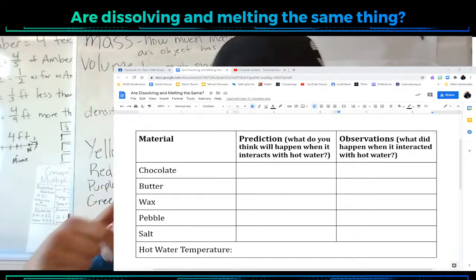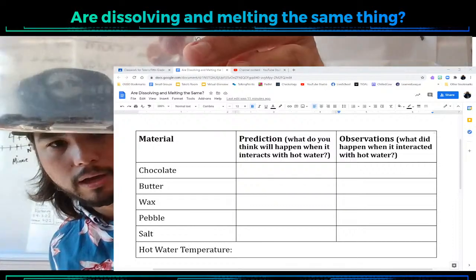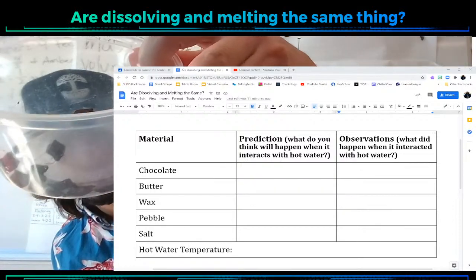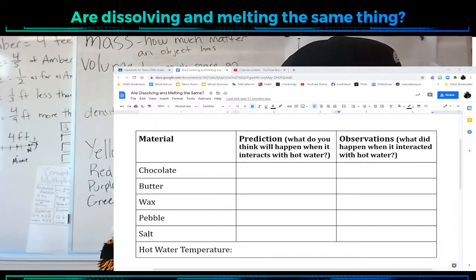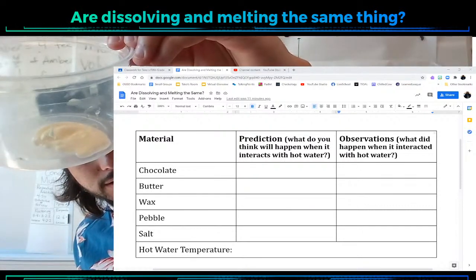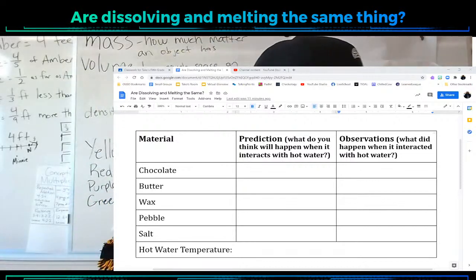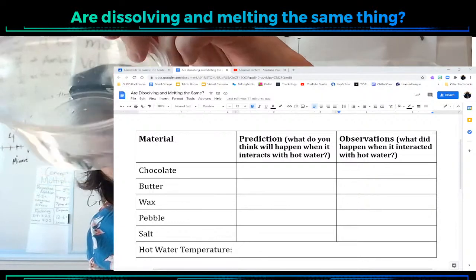Okay, one of them, the first one at the top, is chocolate. We're going to be looking at some chocolate pieces there for baking, seeing what happens. We've got some butter. In this case, it's the spreadable kind. It's good for toast. We've got wax. In this case, there are some birthday candles.